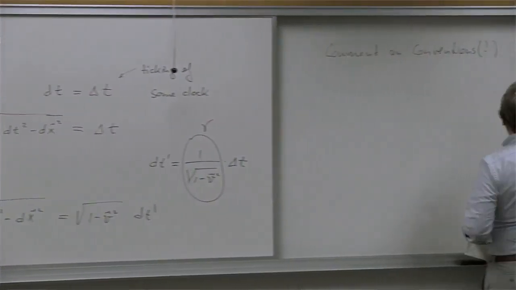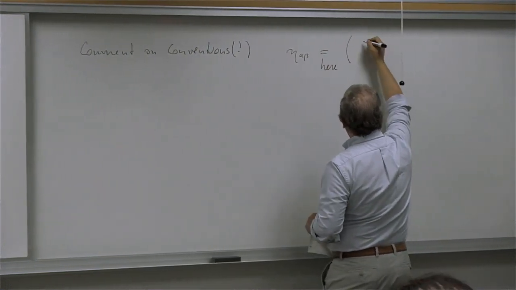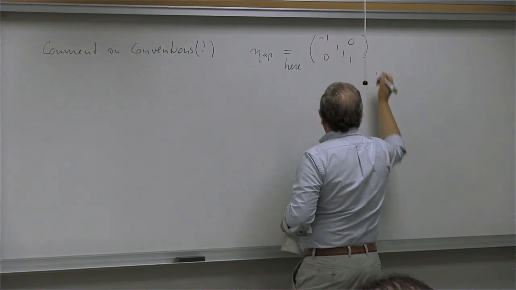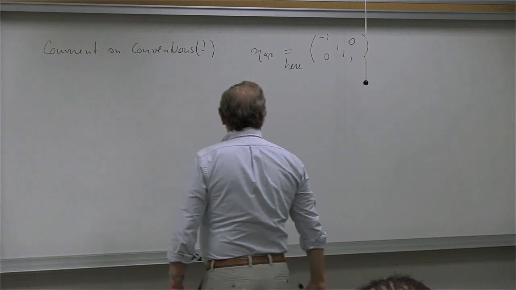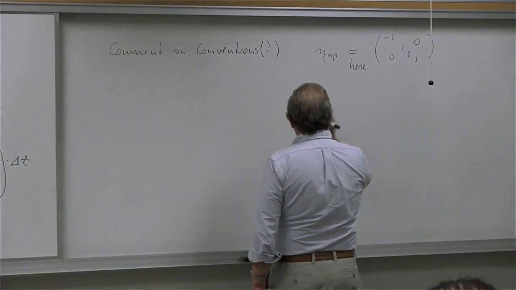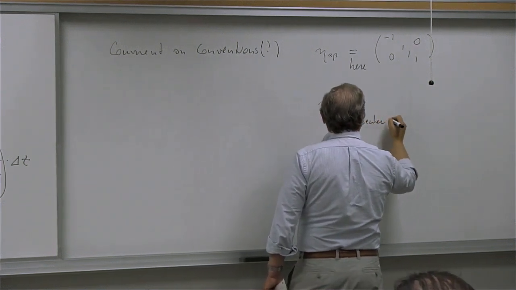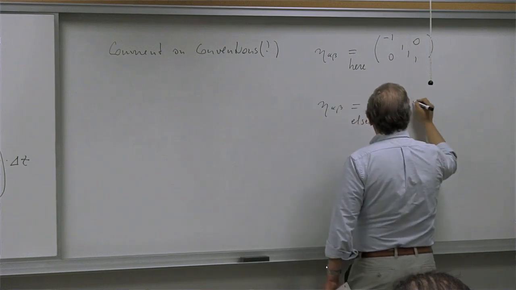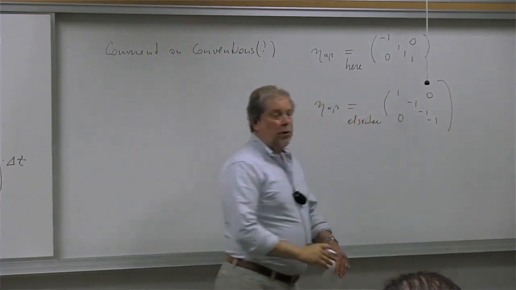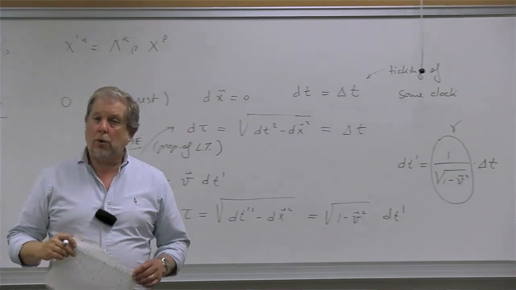So in particular, eta alpha beta here, we said, was equal to -1, 1, 1, 1 and 0, so we have a -1 for the nought component. And in some other books, elsewhere, we have that this is equal to 1, -1, -1, -1 and 0. So just to add to the confusion, the form of eta is not always the same.